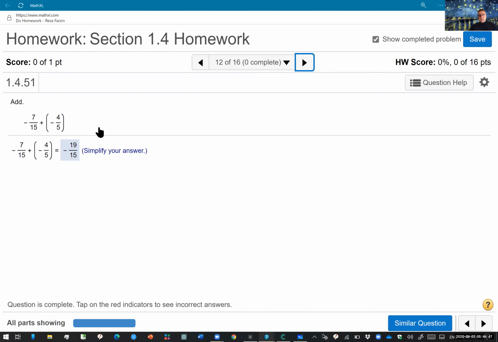Here's a fractional one. Let's do this one. We have negative 7/15. What's positive times negative? Negative.